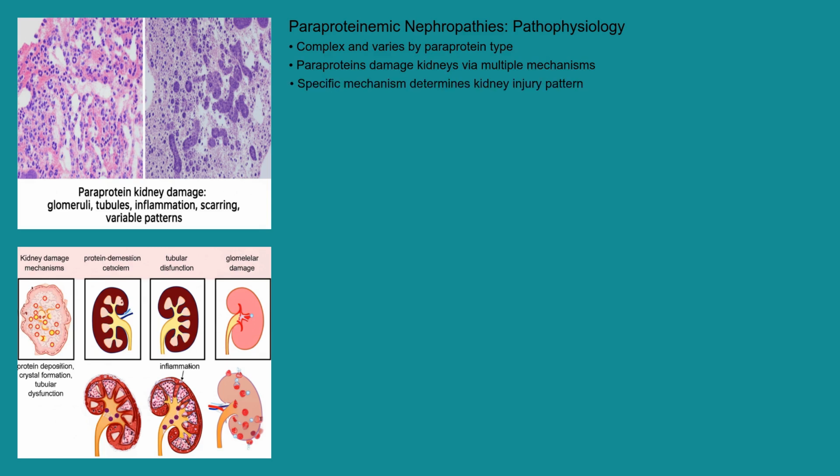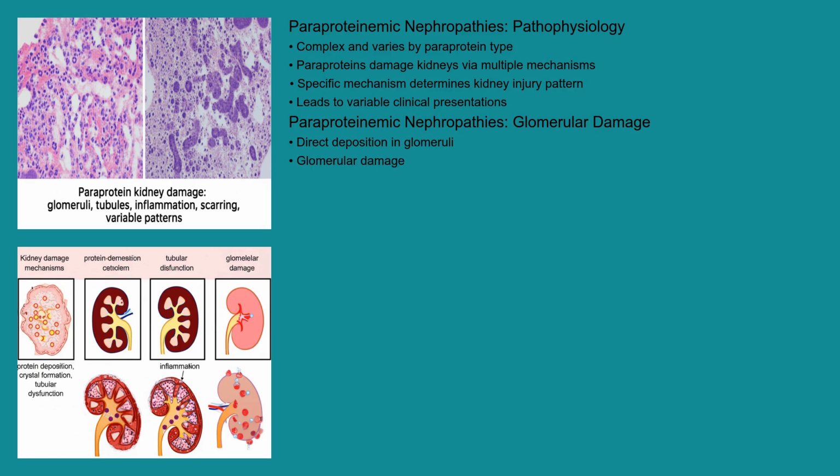They can also deposit in the tubules, the structures that reabsorb essential substances and secrete waste, leading to tubular dysfunction. In some cases, the paraproteins can even form crystals that block the tubules. Furthermore, these proteins can trigger inflammatory responses within the kidneys, further contributing to tissue damage and scarring. The specific mechanism determines the pattern of kidney injury and the clinical presentation.